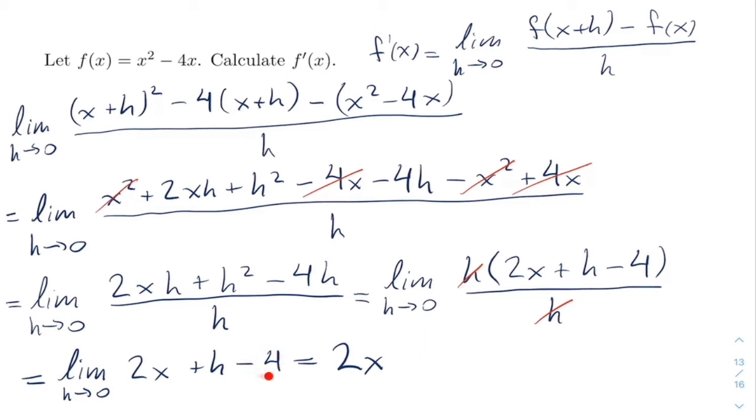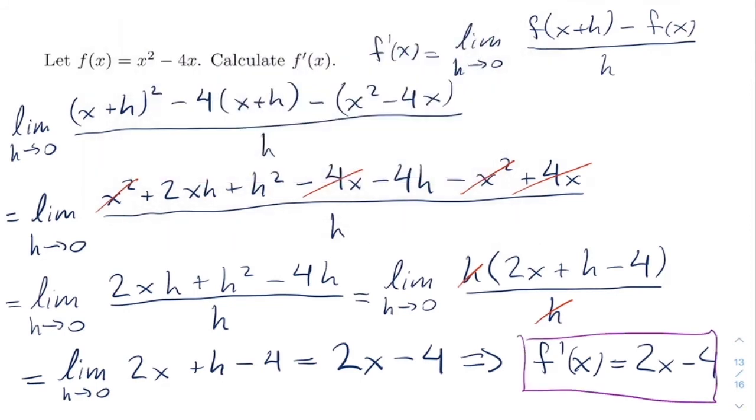And finally, minus 4 is a constant, so it also will remain the same. So this is saying that the derivative of f is equal to 2x minus 4. So the derivative is 2x minus 4.